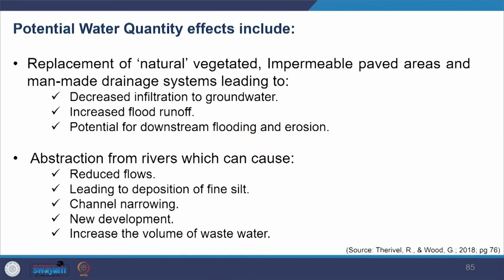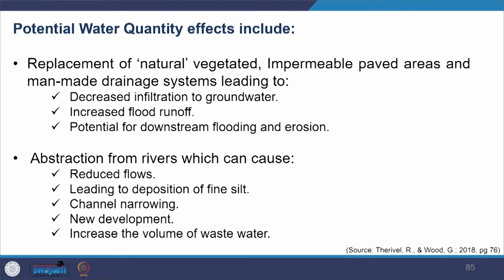We can also see discontinuance of a dam or weir with potential to cause erosion and lead to sediments being released downstream. Potential water quantity effects include replacement of natural vegetation.